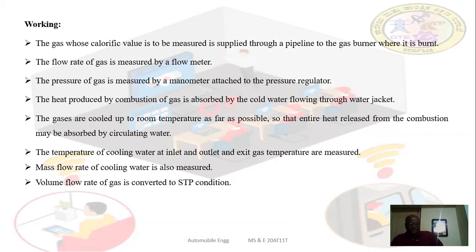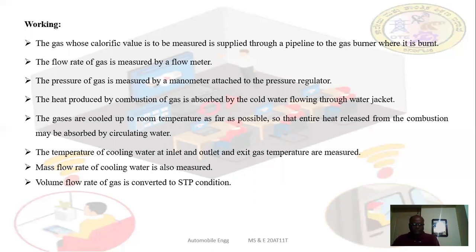That is the chamber. The flow rate of the gas is measured by the flow meter. The pressure of the gas is measured by the manometer attached to the pressure regulator. Note that the manometer is not shown in the figure. It is not attached to the regulator in the figure.